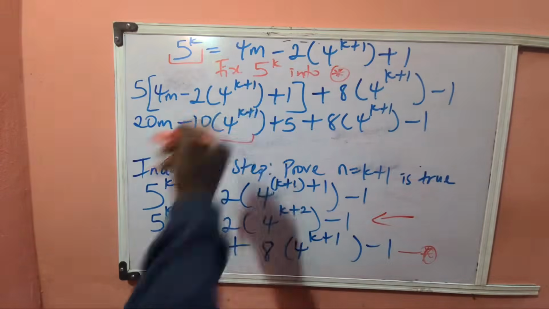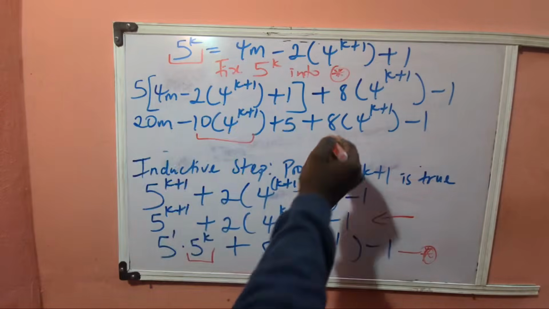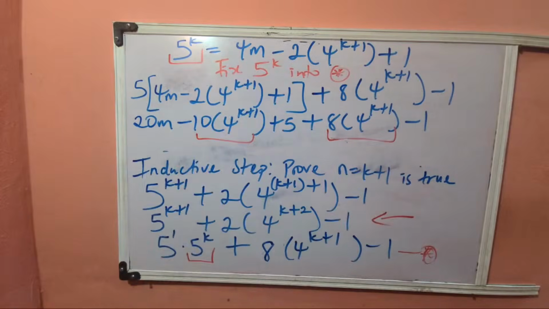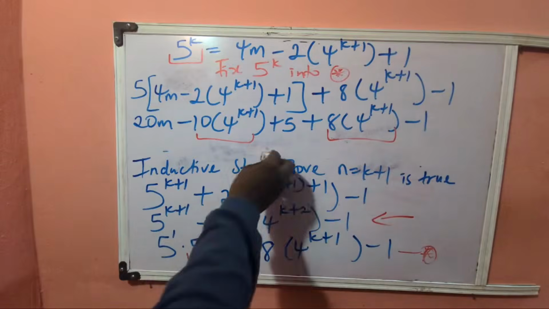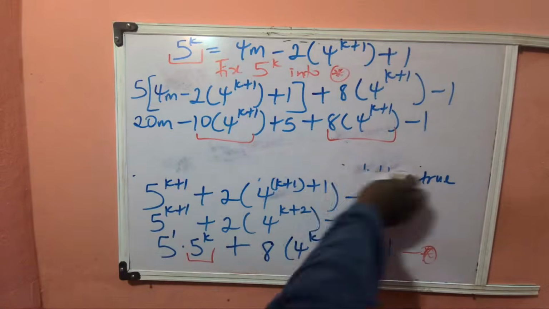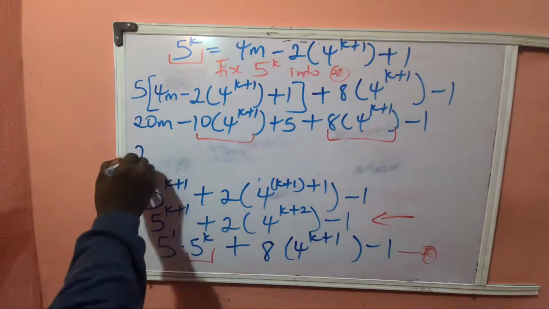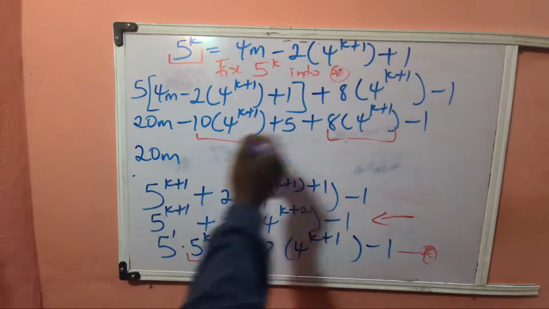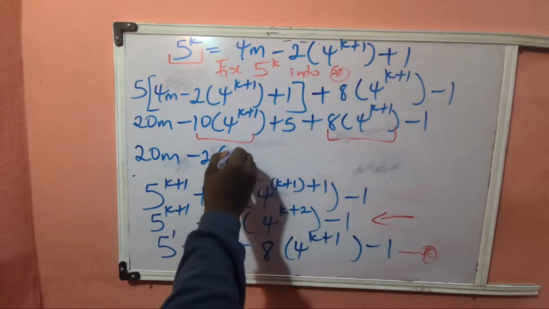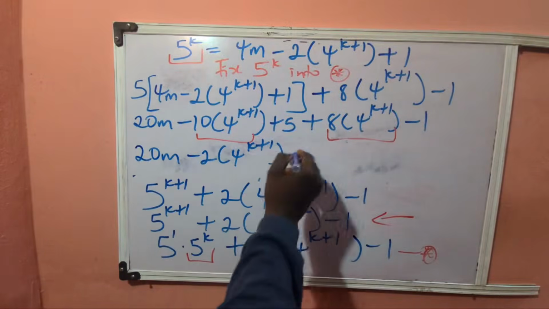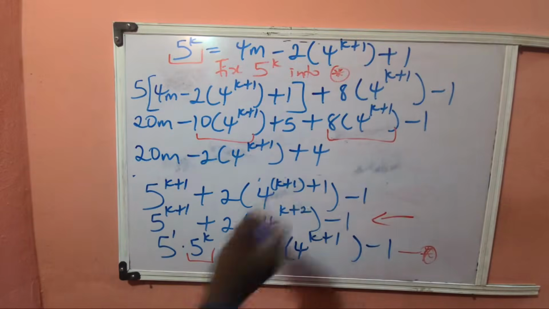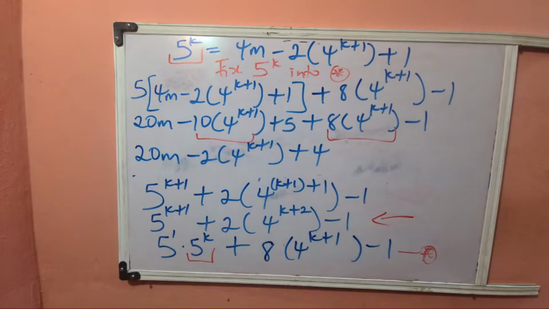Imagine you defined 4 raised to power k plus 1 as x, for instance. You know that it's more like you're having minus 10x plus 8x. So I won't be wrong if I decided to make my solution as 20m, then minus 10 plus 8, that will be minus 2, 4k plus 1. I'm not wrong to do that. Then 5 minus 1, that will be 4. All right. So this is where we have gotten to.